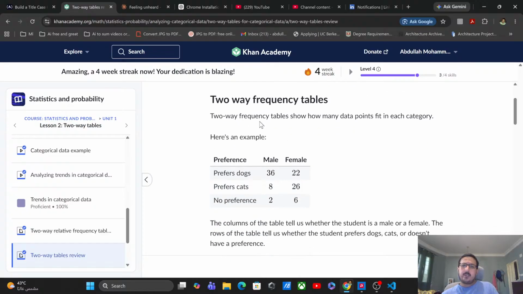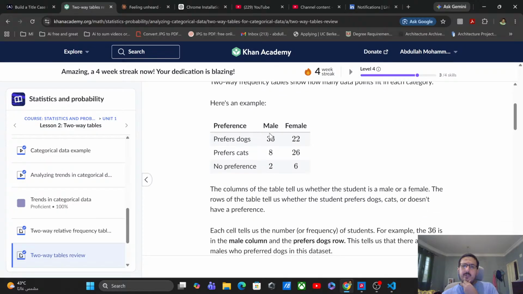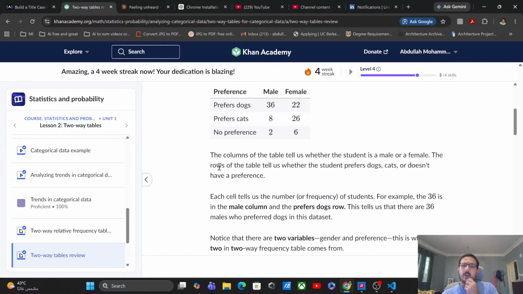Two-way frequency tables show how many data points fit in each category. As an example, preference, male, female: prefer dogs 36 and 22, prefer cats 8 and 26, no preference 2 and 6. The columns tell us whether the student is male or female.